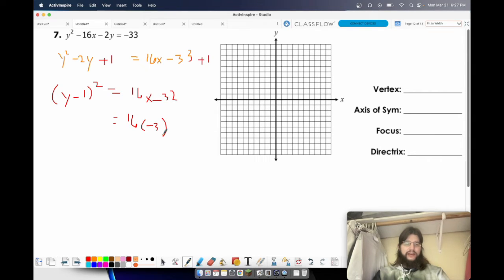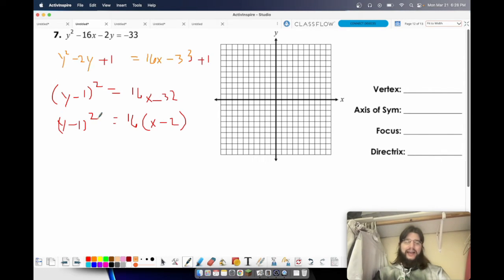I completely forgot my x. Wow. And that's going to be x minus 2. This is going to be y minus 1 squared.